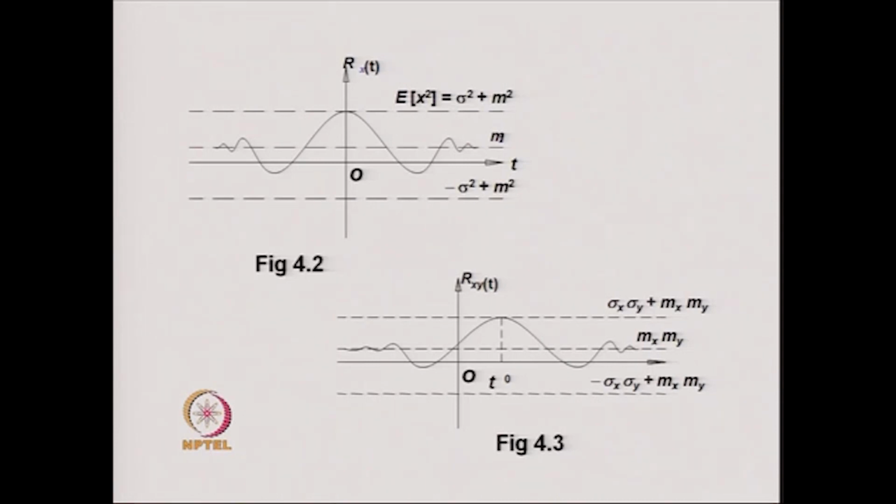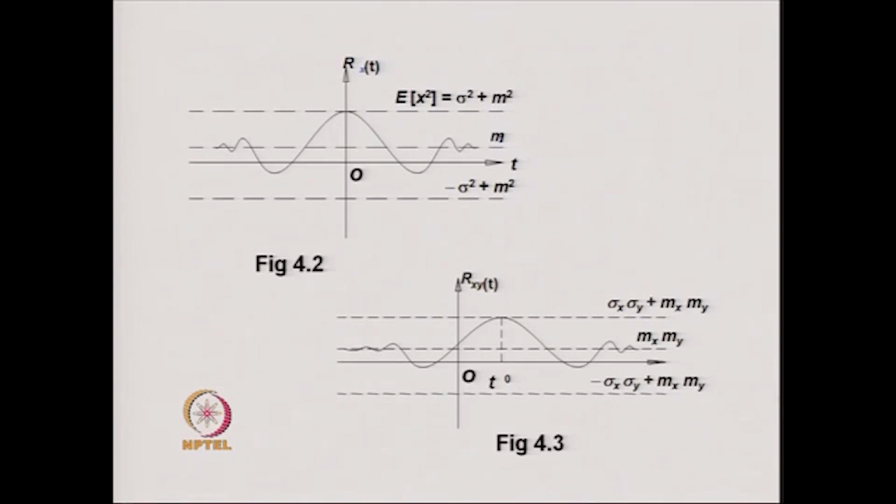For a zero mean process, the value of Rx(tau) at tau equal to 0 becomes equal to the variance, or the mean square value, as we can see from the definition of Rx(tau).